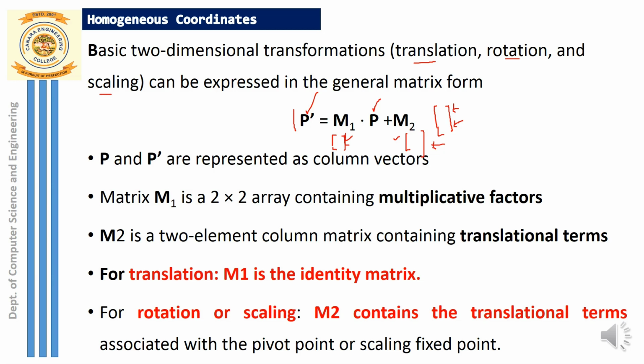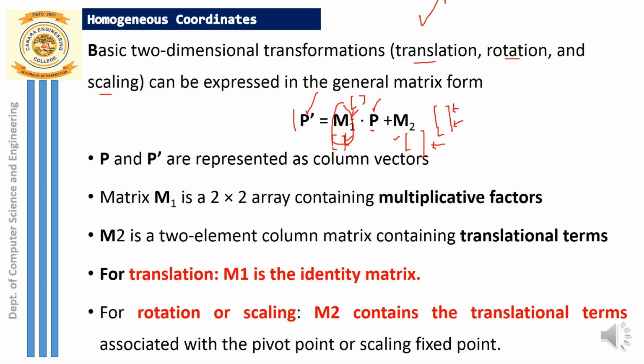If we consider the first type of transformation, that is translation, the matrix M1 which has to be multiplied with the point would be the identity matrix. We know what an identity matrix is: the diagonal elements are 1, and the other elements are 0.